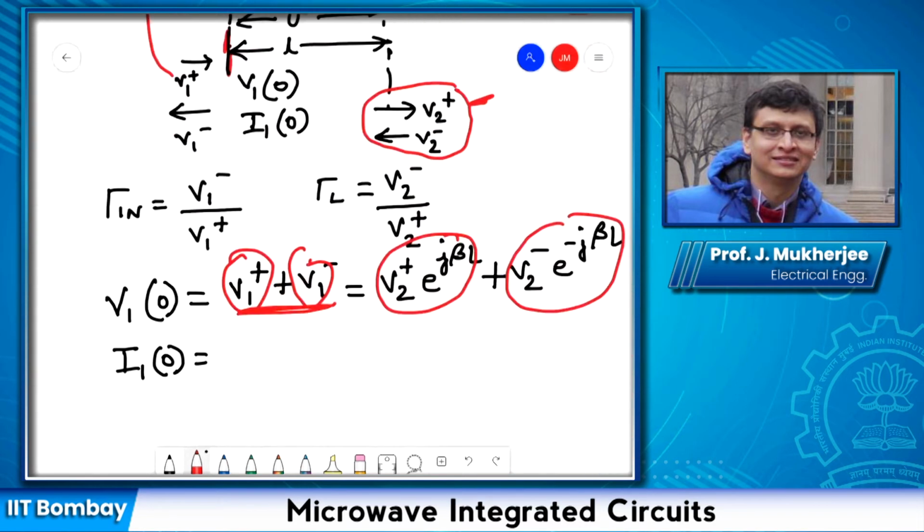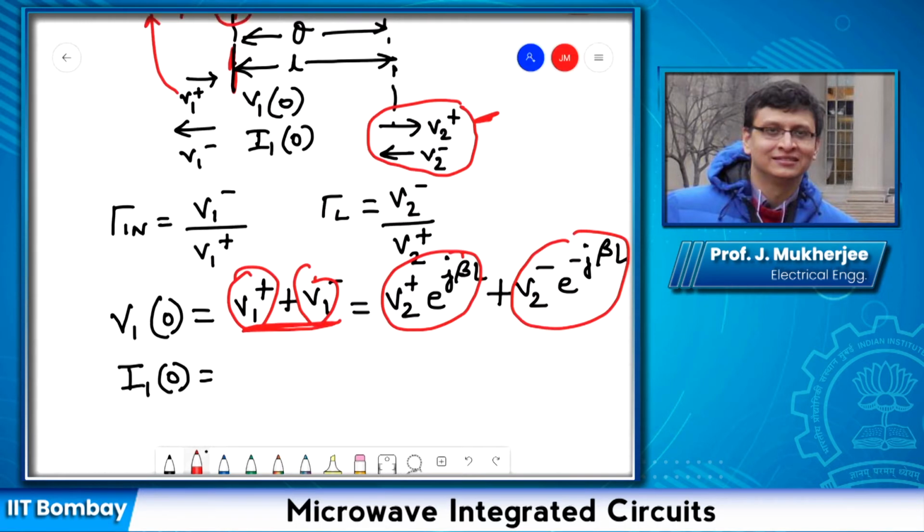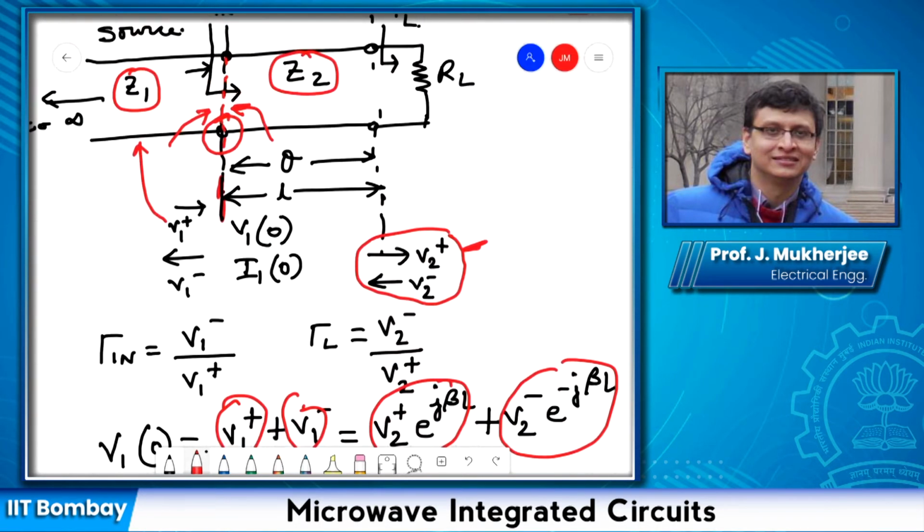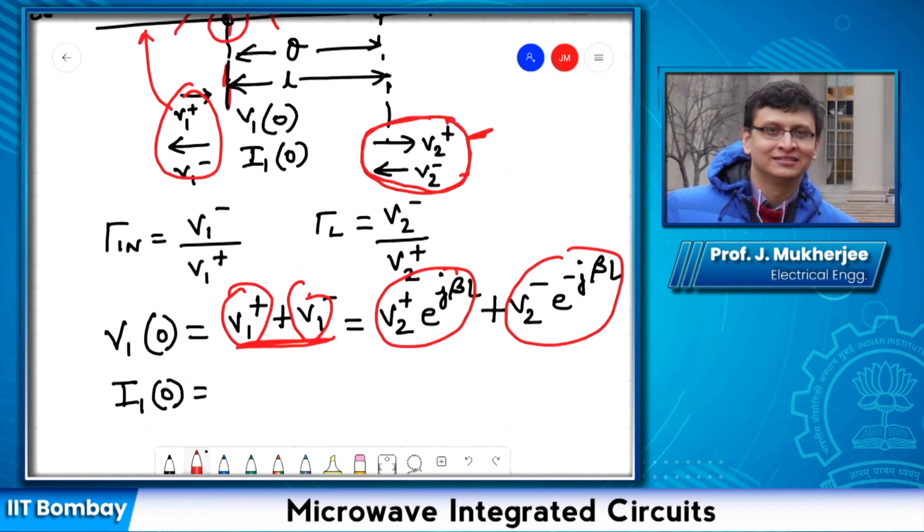So the characteristic impedance that I will have to consider when I write the current in terms of these values will be different from the characteristic impedance that I use when I write the current in terms of these values.